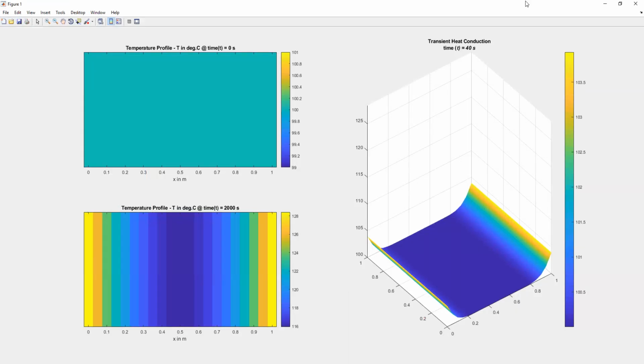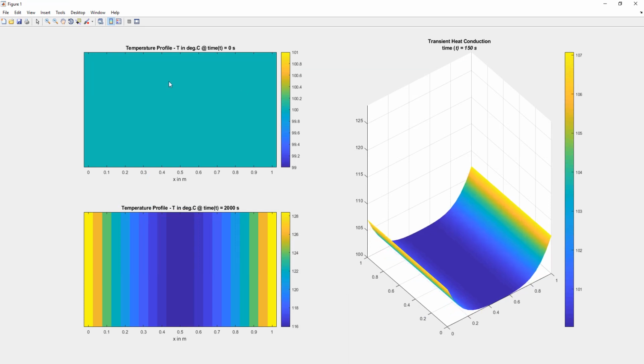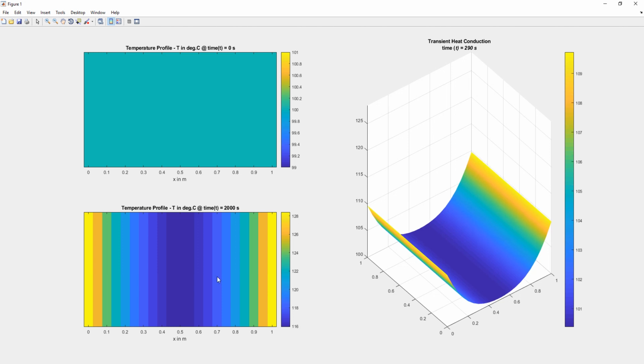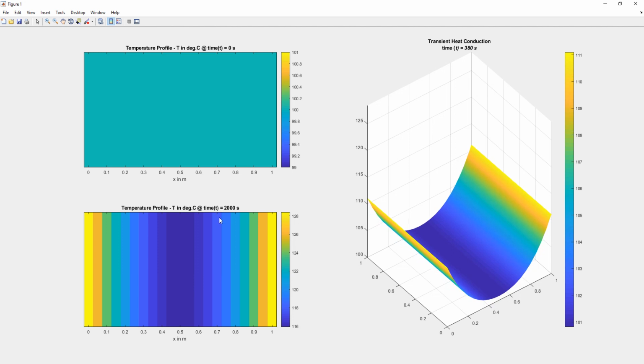results. Here is the initial temperature of all the nodes in the bar, which is 100 degrees Celsius. This is the final condition shown at the left hand side bottom portion. The final temperature profile when time equals 2000 seconds.